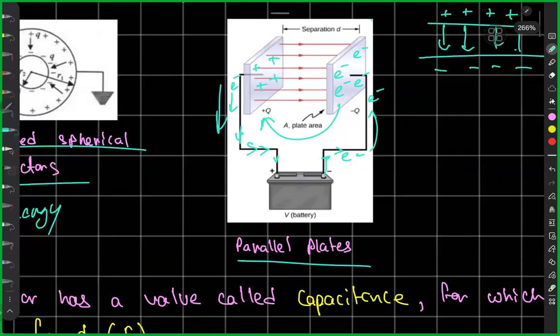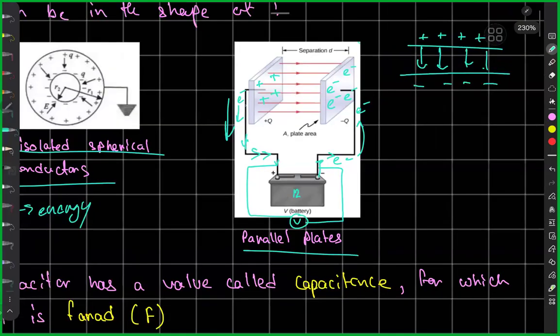But by the way, this is checking your knowledge from AS. This cell, let's say, is 12 volts. If I have a voltmeter over here, what will the reading be?